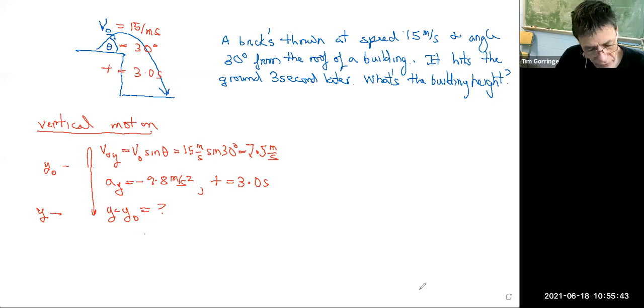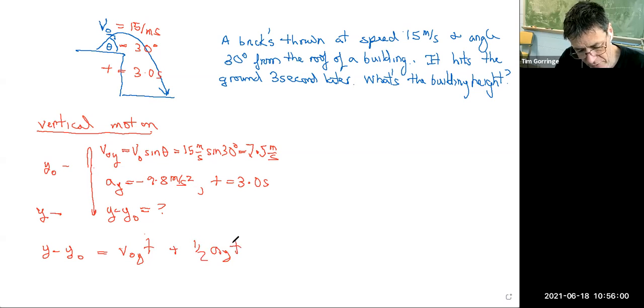So I'm led to the following equation. On the left-hand side, I've got the vertical displacement. On the right-hand side, I've got two terms, v naught y times the time, plus 1/2 ay times the square of the time. And this is one of our kinematics equations.